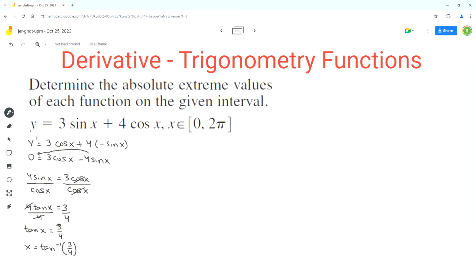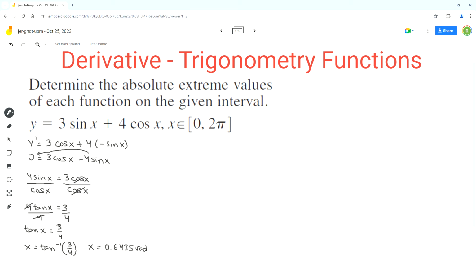Now the answer for inverse of tan of 3 over 4 should be in radians, because the given interval is in radians. So I got 0.6435 radians. So this is the value of x in quadrant 1.